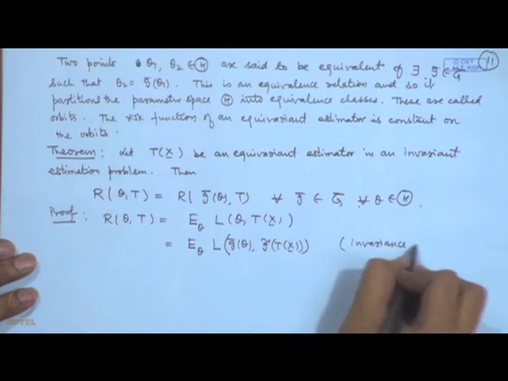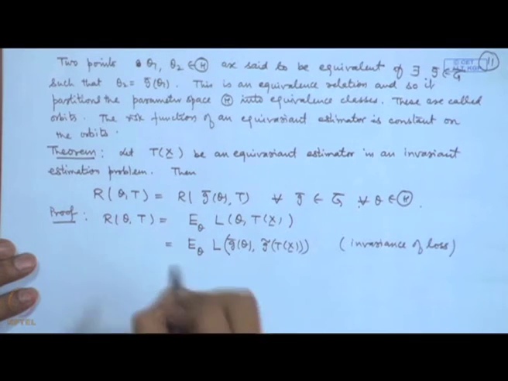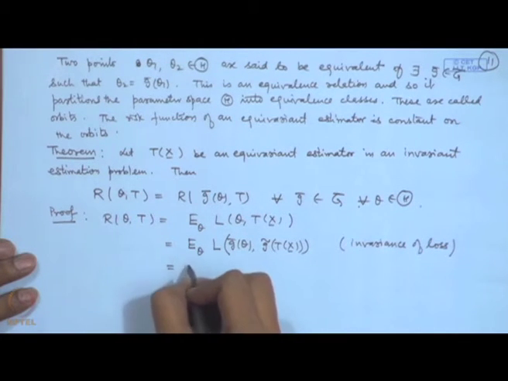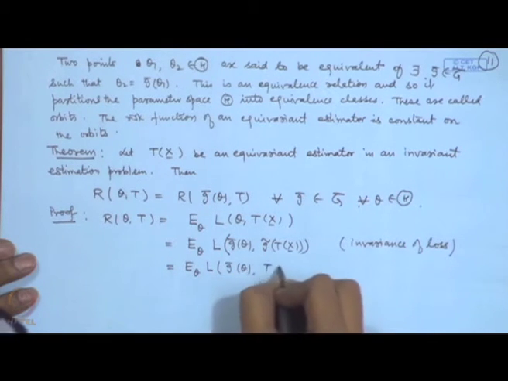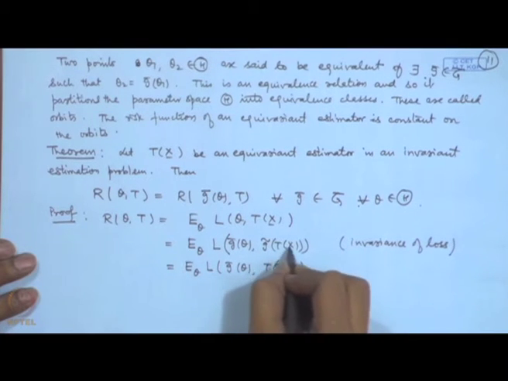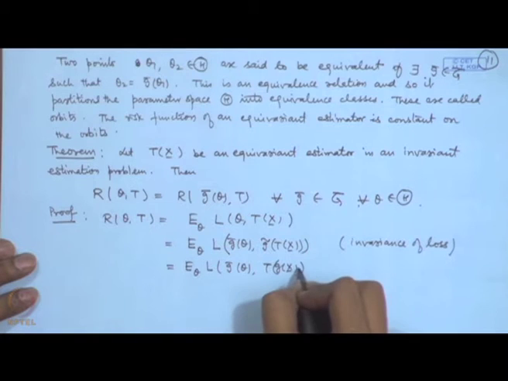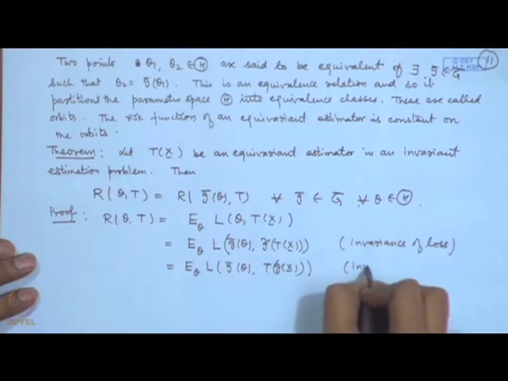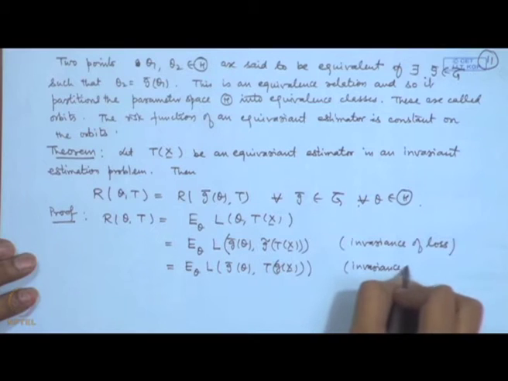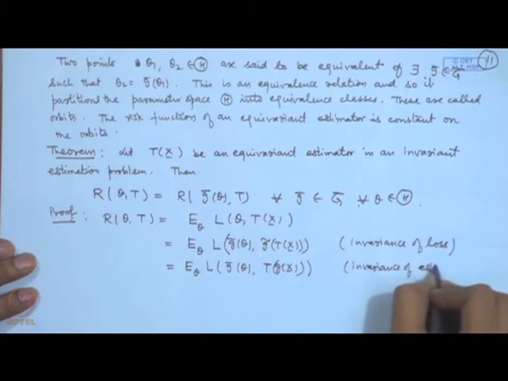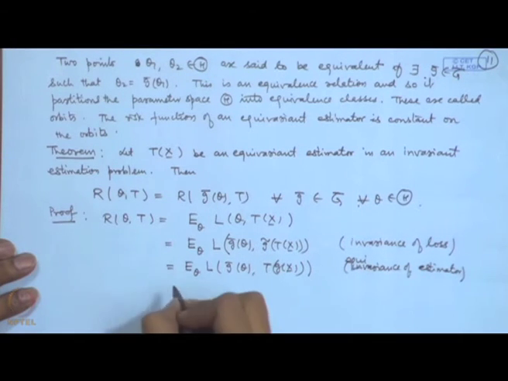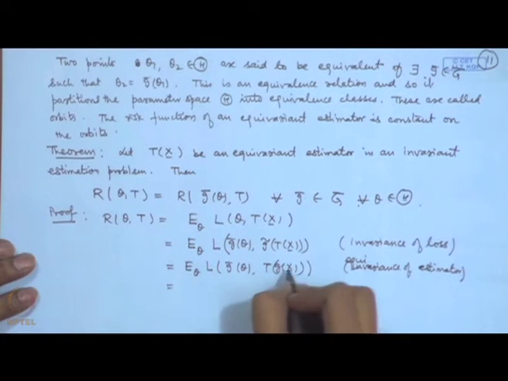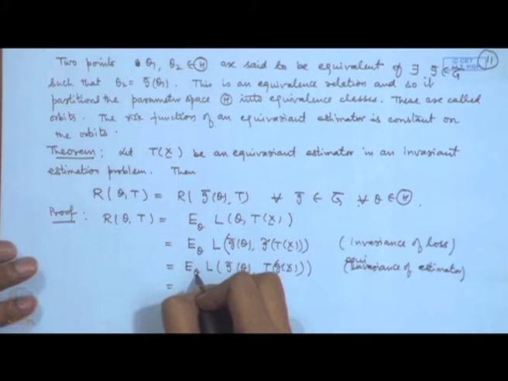Invariance of loss. Now, this we can write as expectation of L g bar theta, T of g of x, because g tilde T of x is equal to T of g of x, because of the equivariance of the estimator. Now, if x has distribution theta, then g x has a distribution g bar theta.